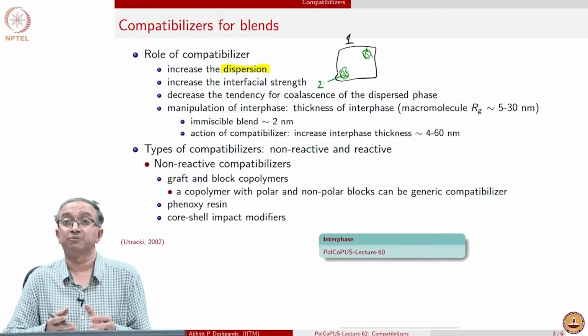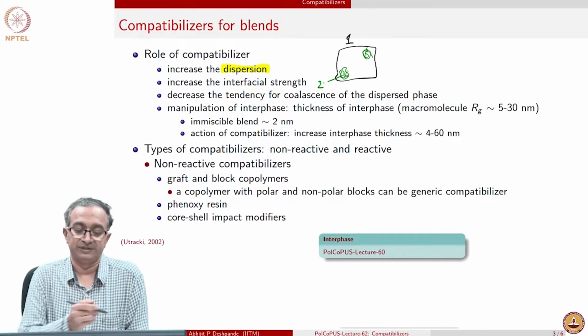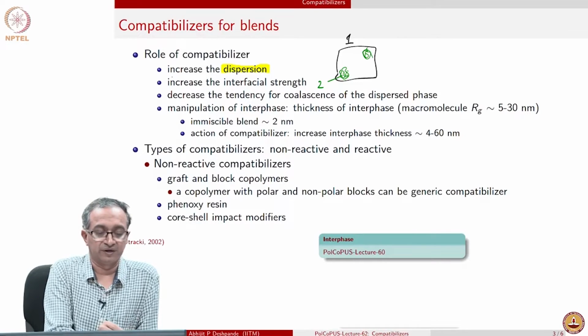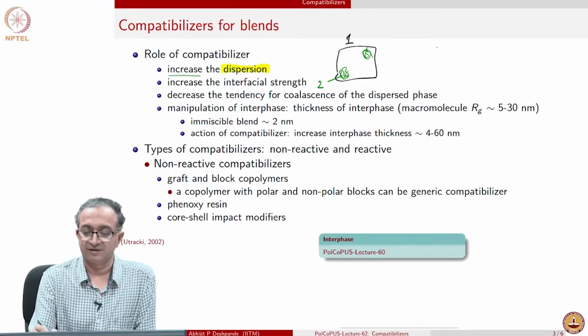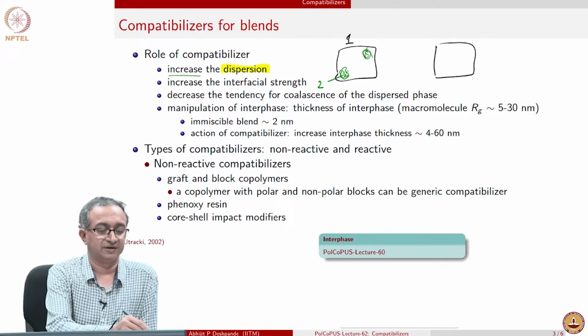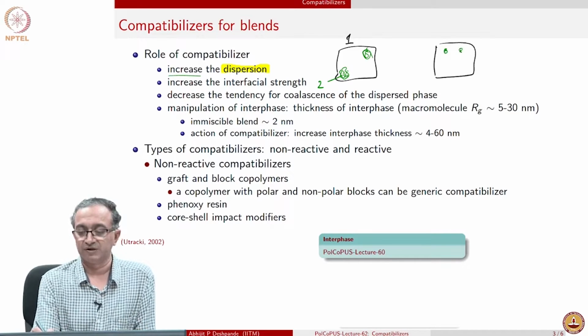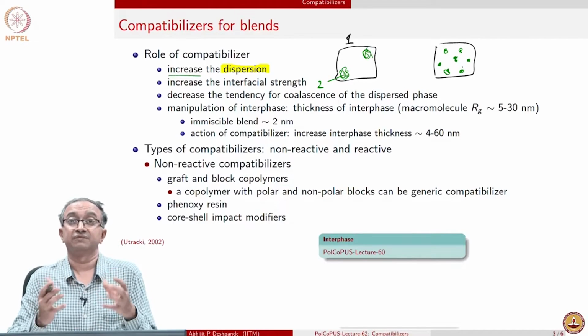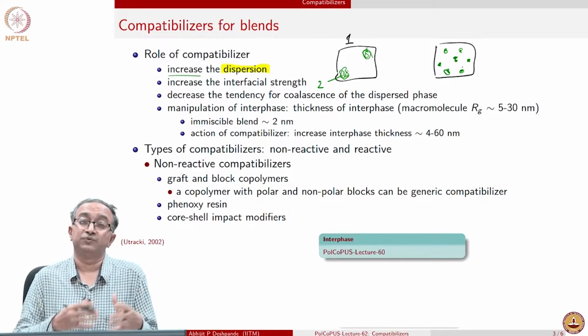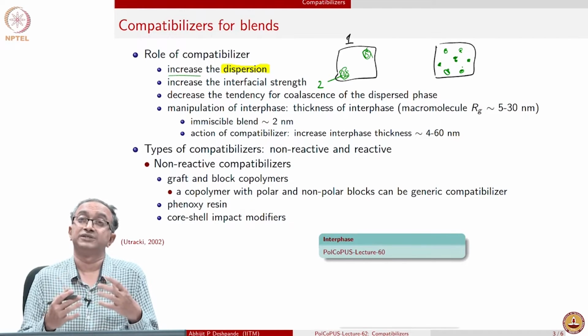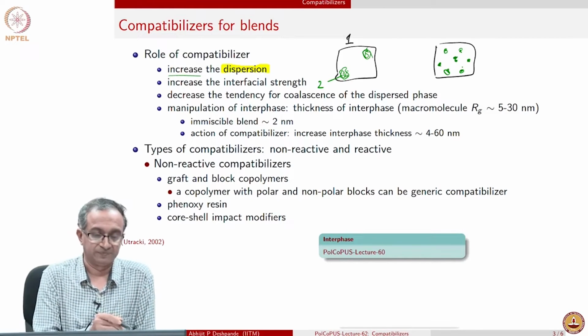Since these are immiscible polymers, they are not going to macromolecularly mix. So, if we do want to increase the dispersion, what we mean by that is a situation where we will have lots of smaller domains of the second macromolecule in the first macromolecule. And so, we increase the dispersion to obtain a good homogenized system where properties may be better.